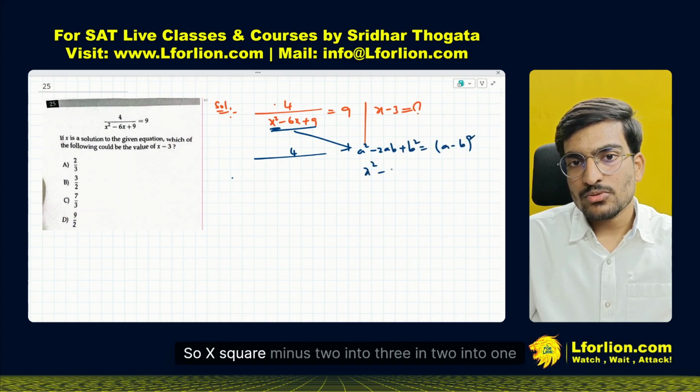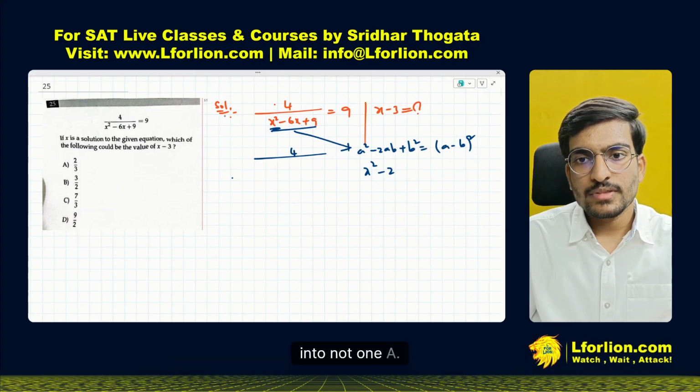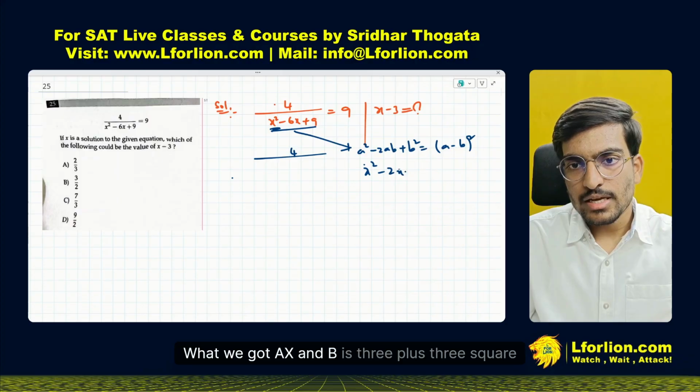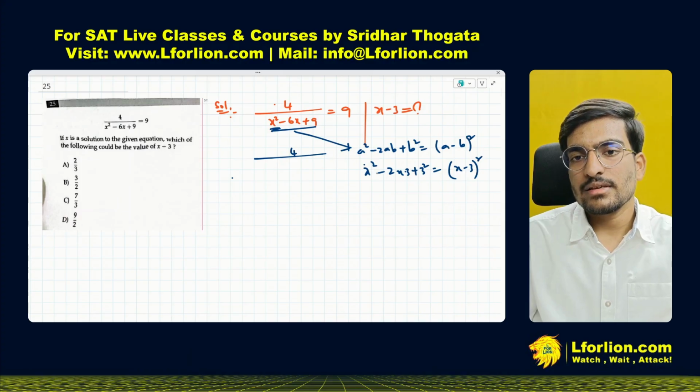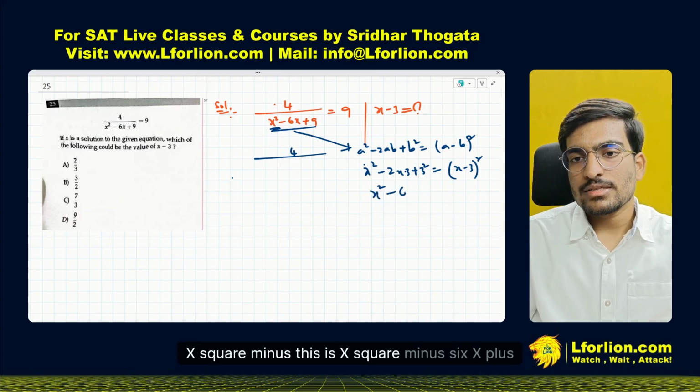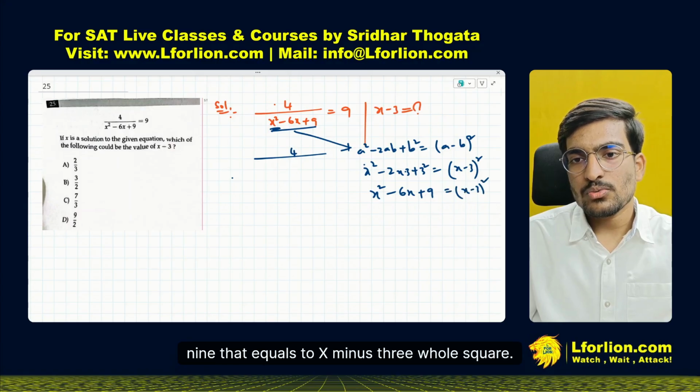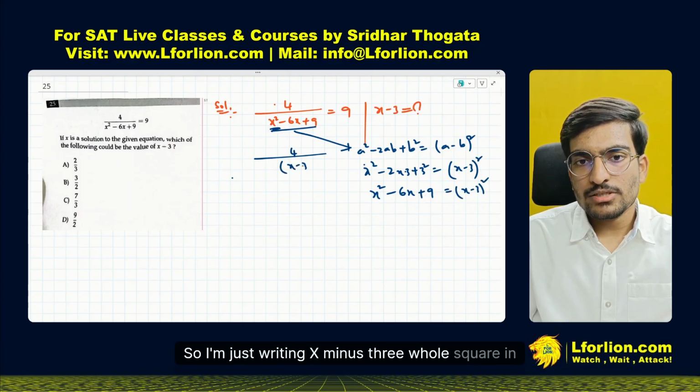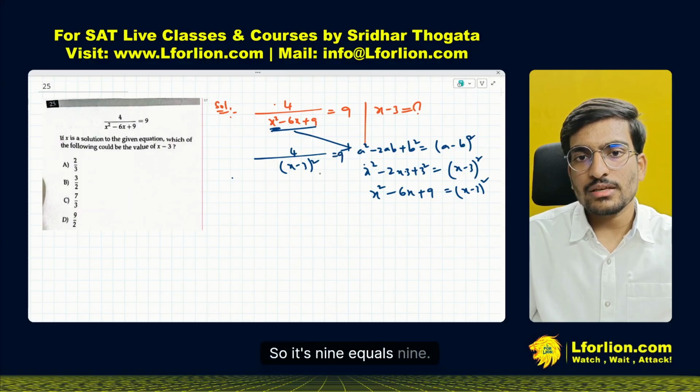So with a as x and b as 3, x square minus 6x plus 9 equals (x minus 3) whole square. So I'm just writing (x minus 3) whole square in place of this.